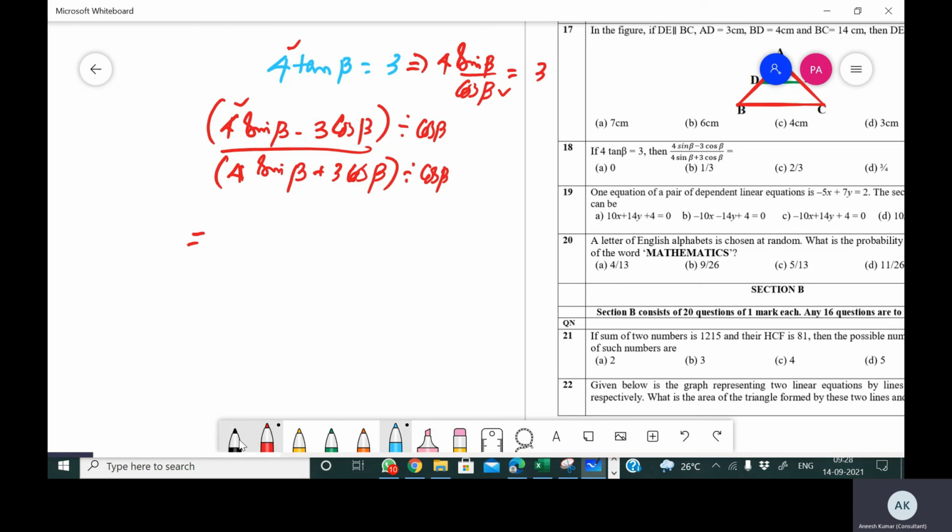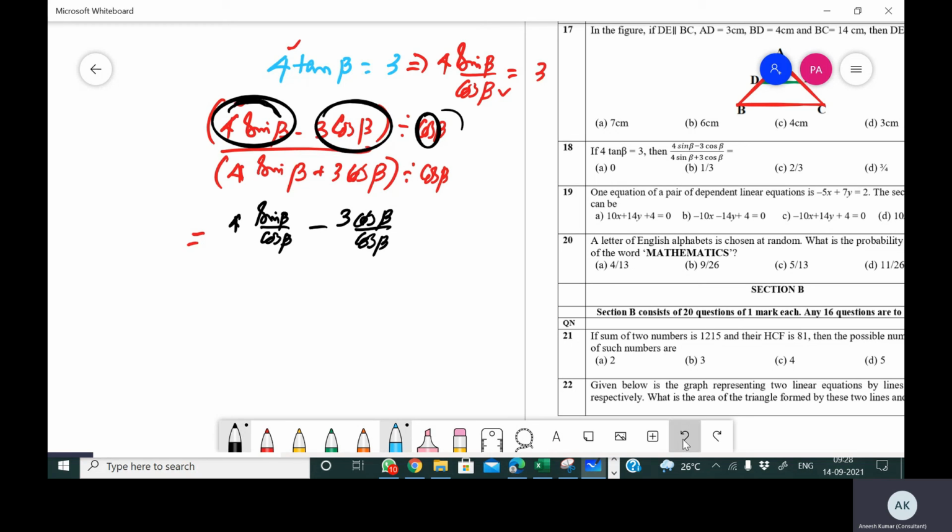Individually divide every term. Okay, divide the first term by cos beta. So 4 sine beta by cos beta minus 3 cos beta by cos beta. So the first term is fully divided by cos beta. Second term is also divided by cos beta.